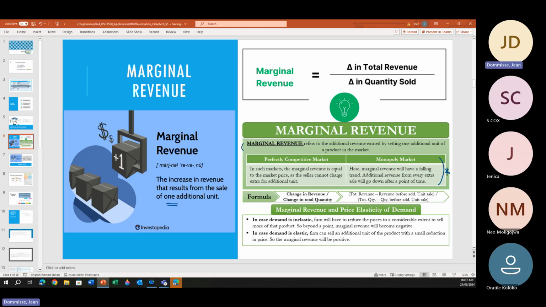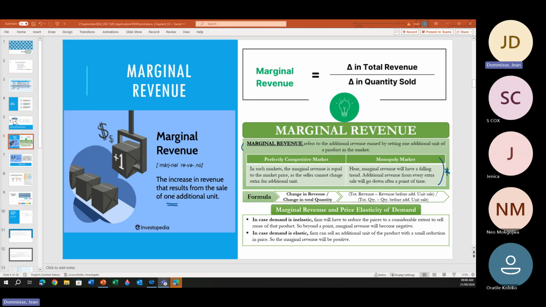Okay, so marginal revenue will basically be what the increase in revenue will be if you sell one more additional unit. Okay, so it might be that at a stage marginal revenue becomes negative, and then you don't want to sell additional units, because then it might mean that your revenue will come down.